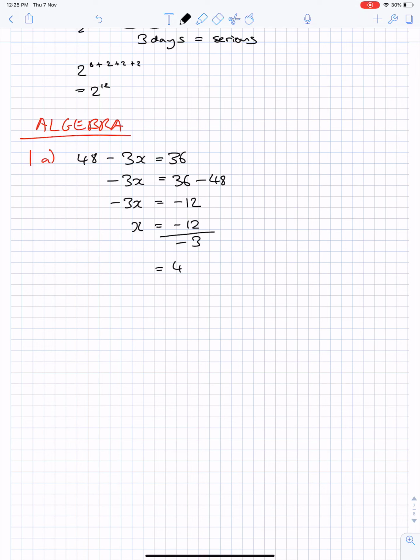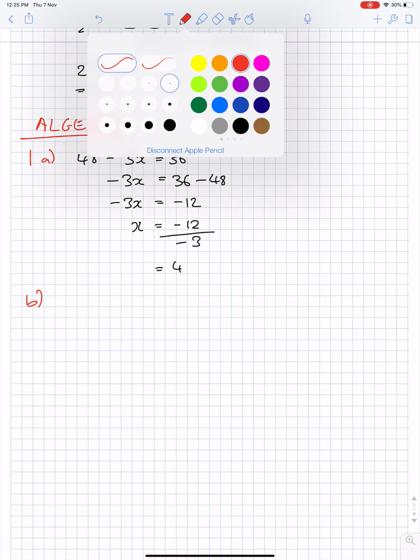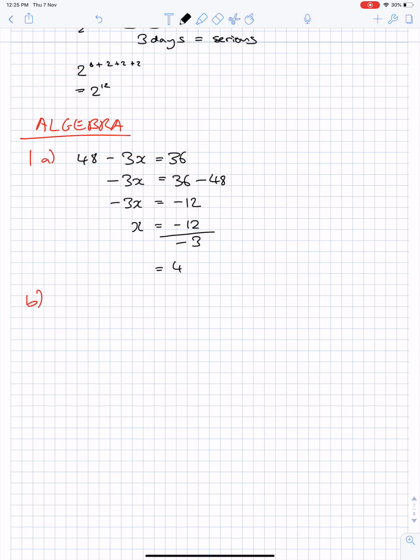Okay, b, oops. 4x plus 3 equals 32. So 4x plus 12 equals 32. 4x equals 32 minus 12. 4x equals 20. x equals 20 divided by 4. x equals 5.